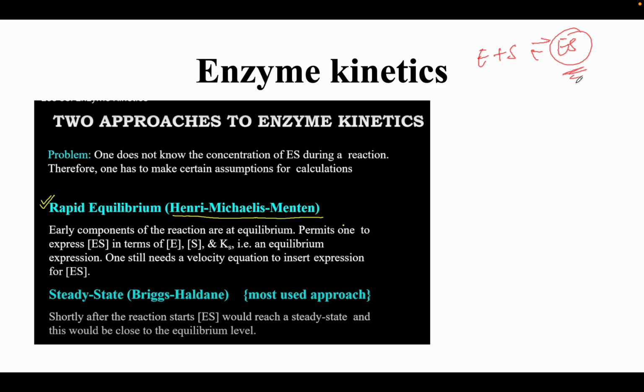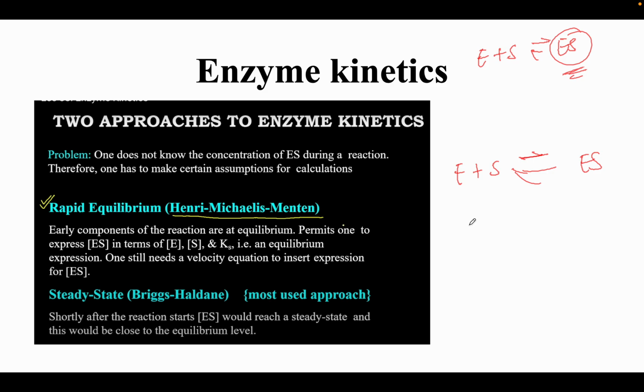So we have two approaches here. The first is the rapid equilibrium approach by Henri, Michaelis and Menten. In this approach, the early components of the reaction are at equilibrium, that is, E plus S gives us ES, and these are at equilibrium.